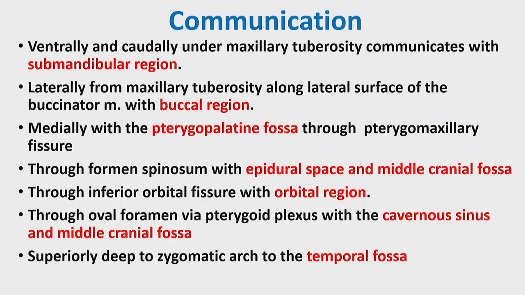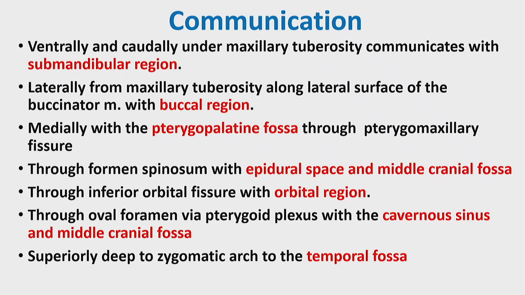So the communication of the infratemporal fossa is also extremely important to explain how infection from this fossa can spread to neighboring structures. Ventrally and caudally it goes down because there is no border, so it reaches the submandibular region. So suddenly you can have a submandibular abscess.